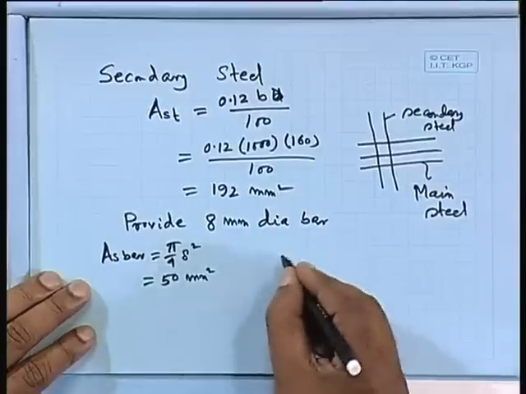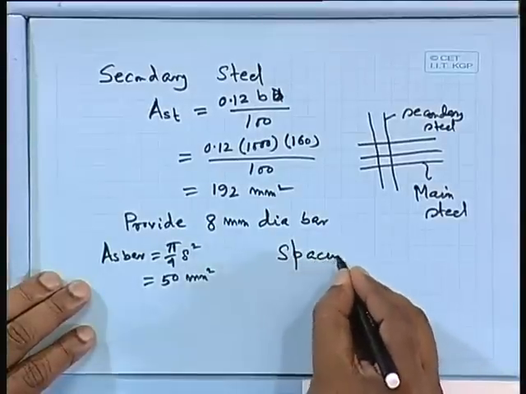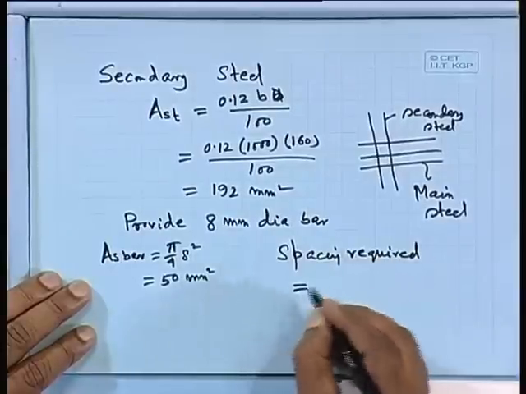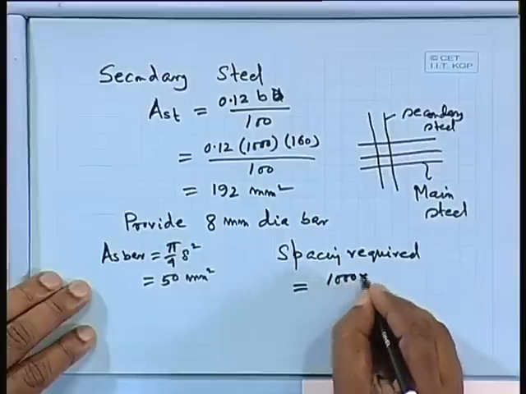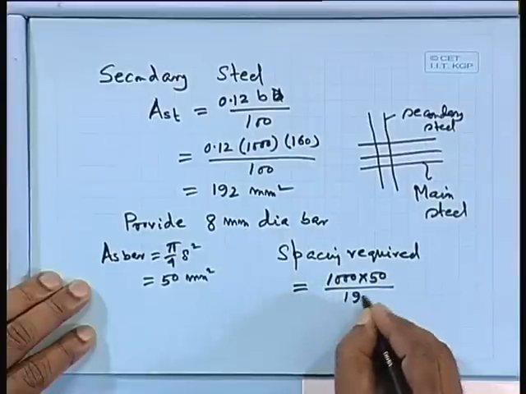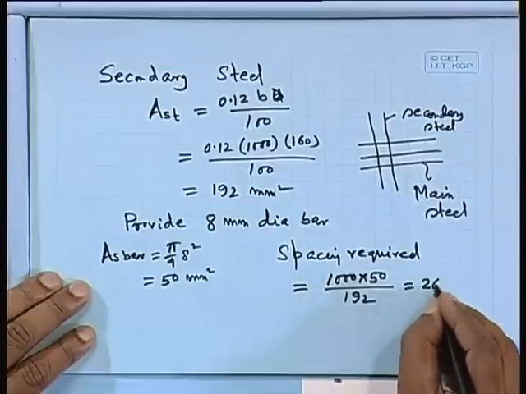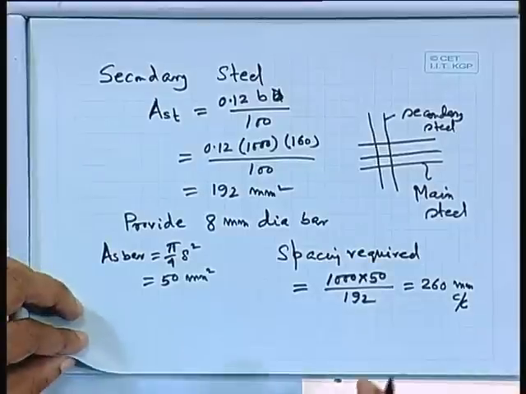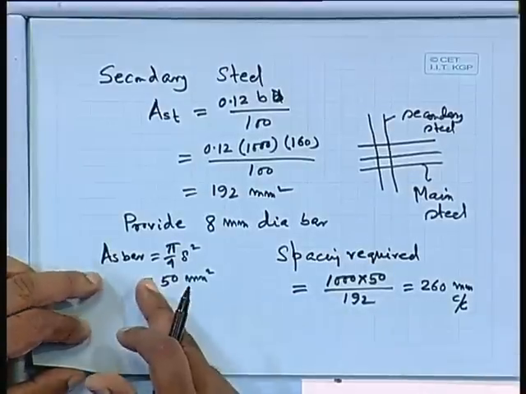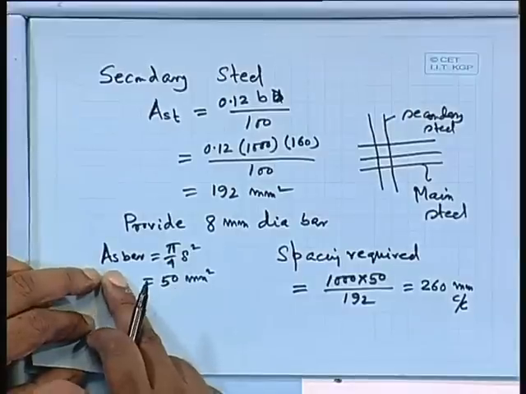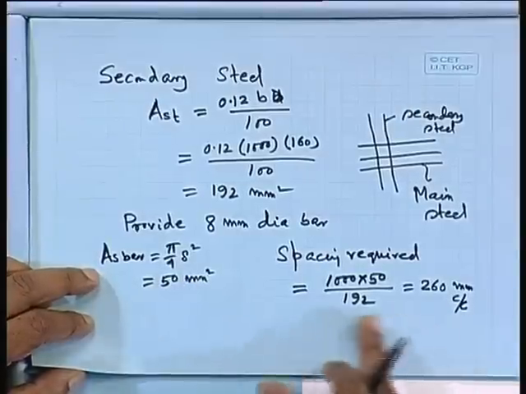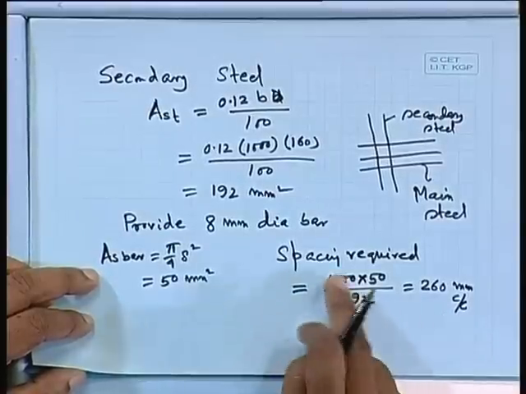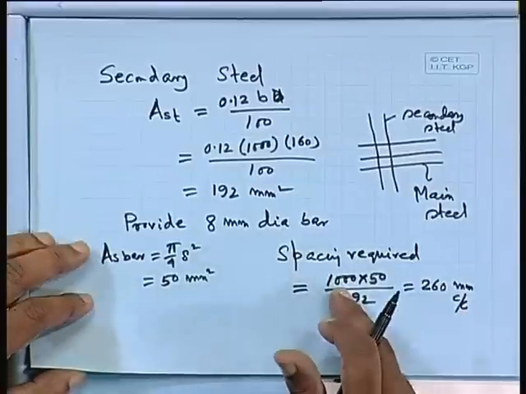So, the spacing required is 1000 times 50 divided by 192, equal to 260 millimeter center to center. We get the area of steel of an individual bar, that is 50 square millimeter, and on that basis we find the spacing required, because we are calculating everything per meter width, that is why we are taking this 1000.